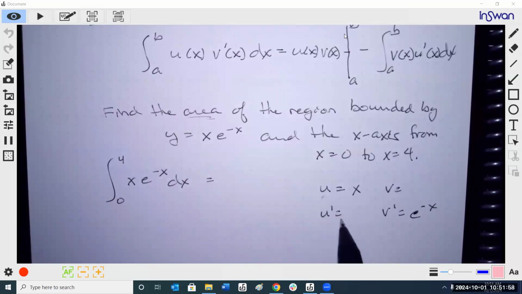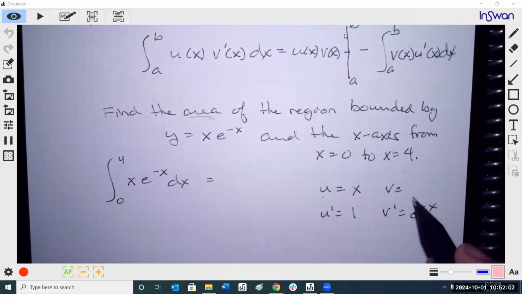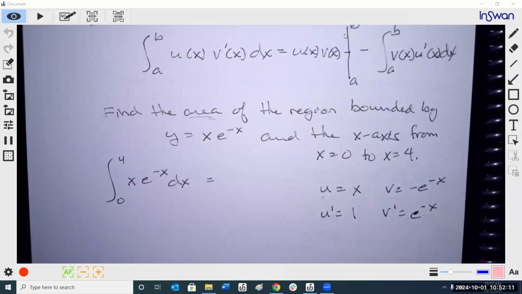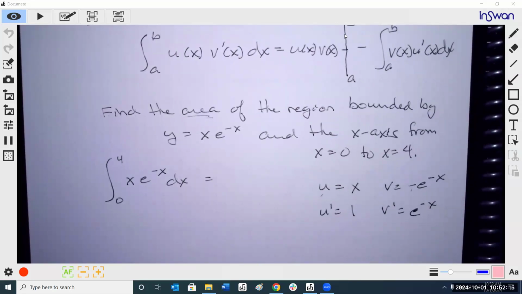So the derivative of u is 1. The integral of e to the power negative x is negative e to the power negative x. Only the coefficient changes, from positive 1 to negative 1, on the integrals of v.